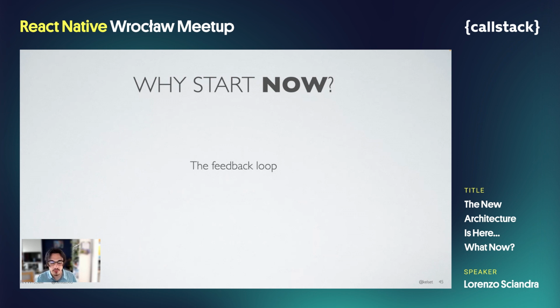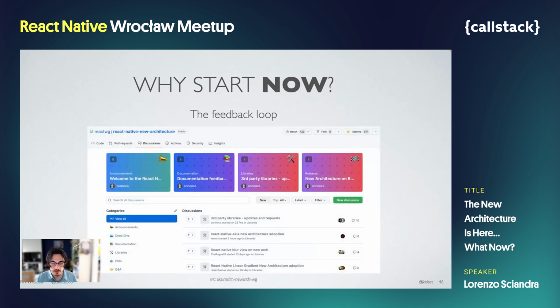Well, one key thing, and I kind of already mentioned it once, is the feedback loop. So there's this new architecture working group, which is built by Meta, where you can apply to be a participant, but basically it's the best place for you to share your experience migrating to the new architecture and let the Meta engineers know your problems so they can help fix them and address them.